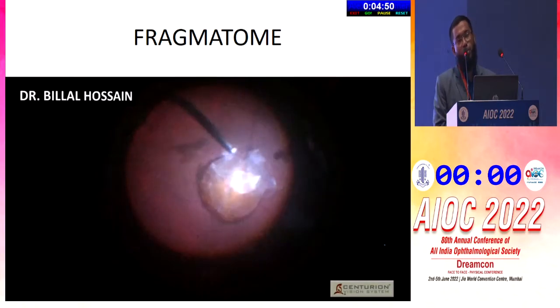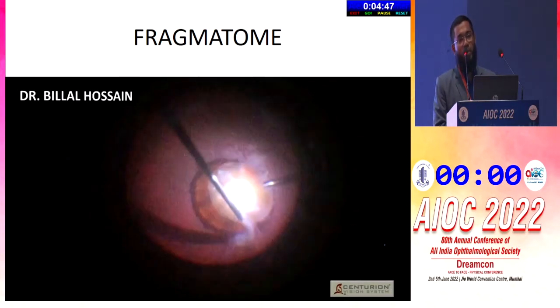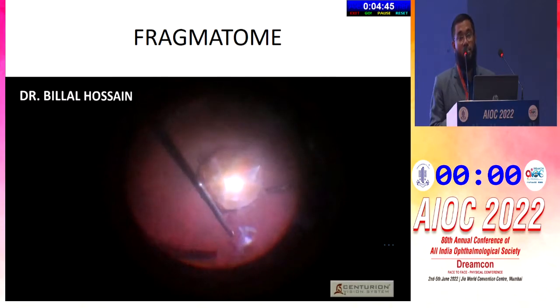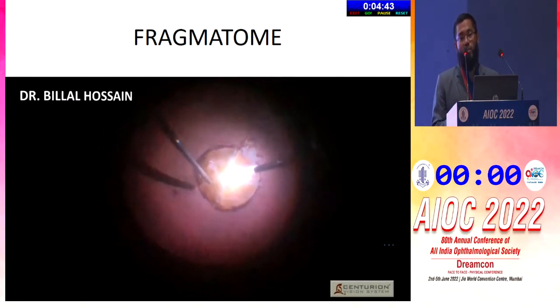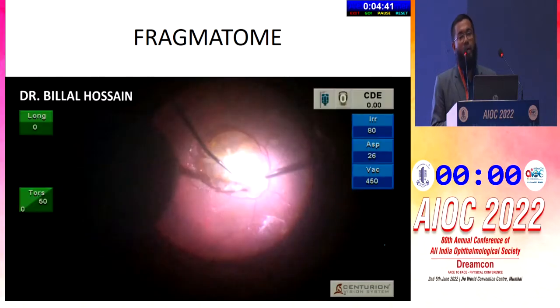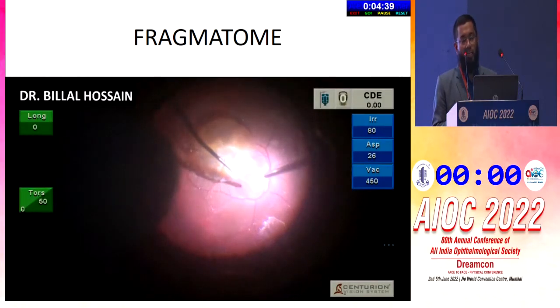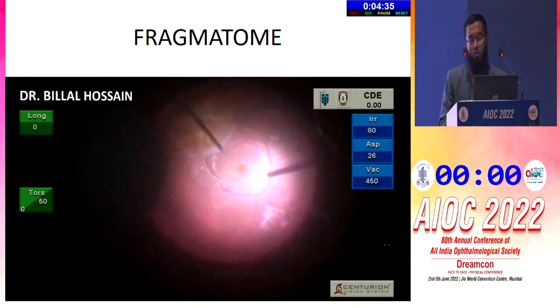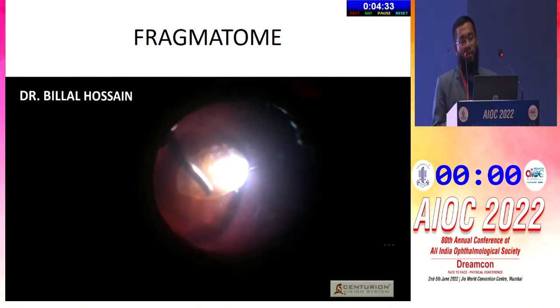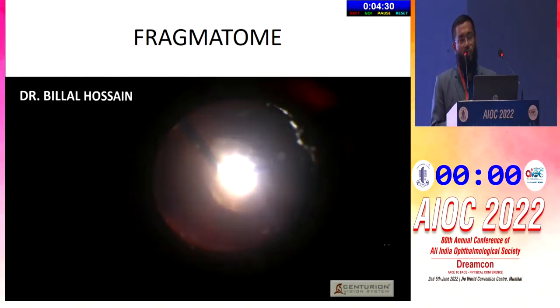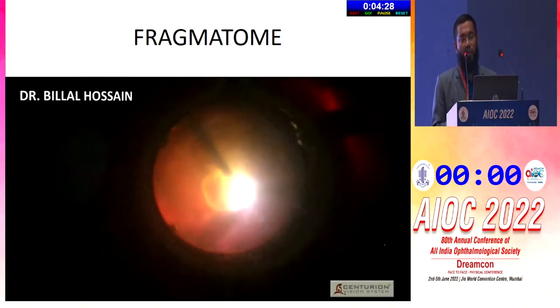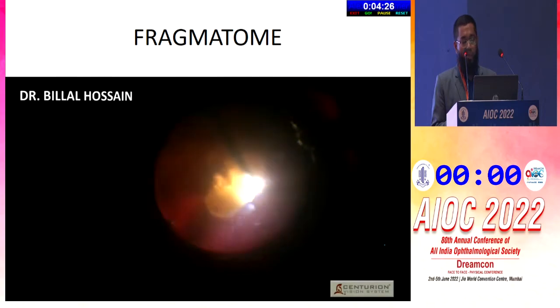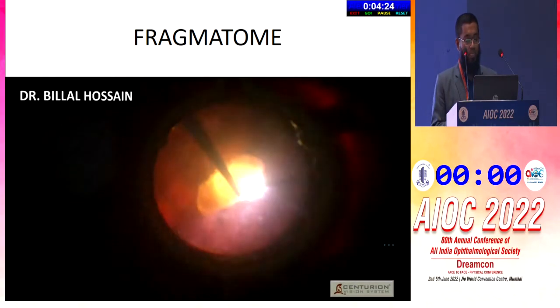Sometimes, after dropping of the nucleus, the nuclear matter remains so hard that it is not possible to remove the nucleus with the vitreous cutter. And the ideal way to manage such nuclear matter is the use of the fragmatome. So again, first the nucleus is freed from the surrounding vitreous, followed by injection of PFCL just behind the nucleus.